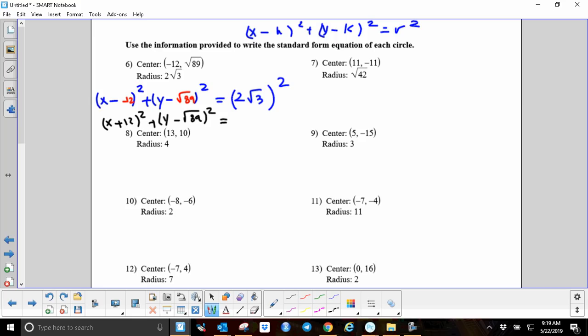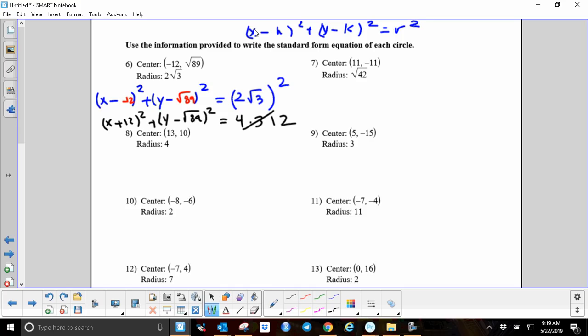What is 2 squared? 4. What is the square root of 3 squared? 3. So what is this? 12. The rest is easy. And you will be doing it.